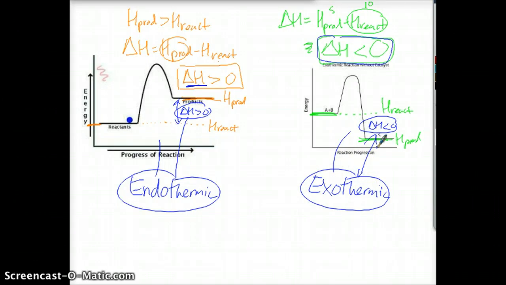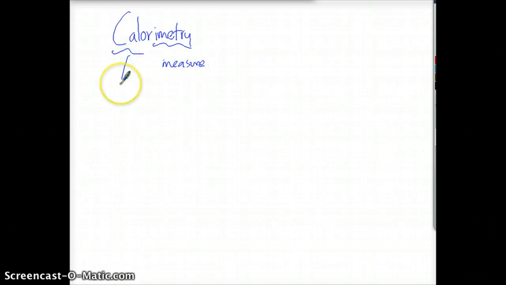But now how do we actually apply this to numbers? How do we actually do problems involving these numbers? Well, the first thing is that these measurements are done through something called calorimetry. If we break this word down, metry means to measure, and calor is from calorie, which is a unit of energy.